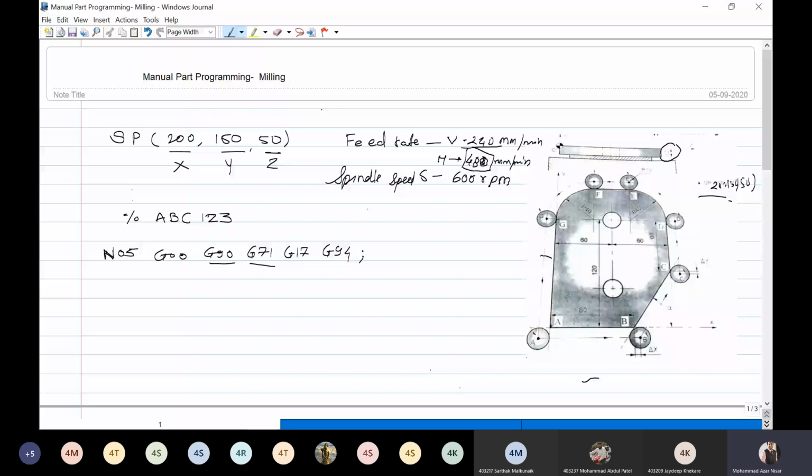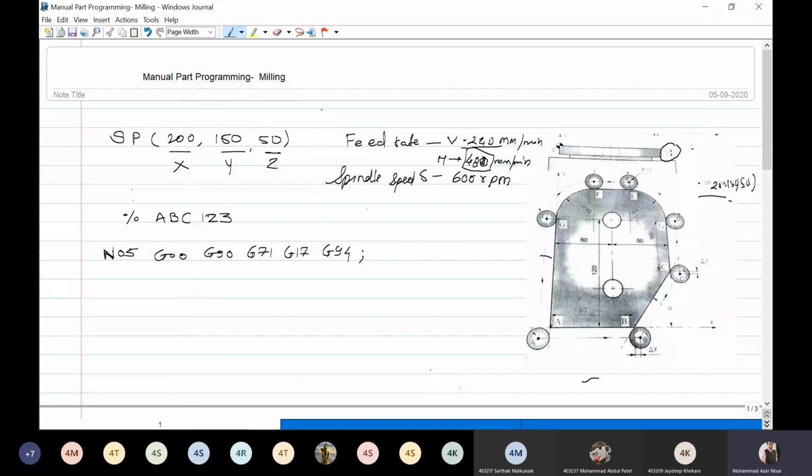Suppose if it is a Fanuc control, we will start the program with 1, 2, 3, and then instead of this G71, we will use G21 for the metric unit. So this is the difference between the Fanuc control machine and the Siemens control machine. We are considering Siemens control, because in our college we have Siemens control CNC machines.